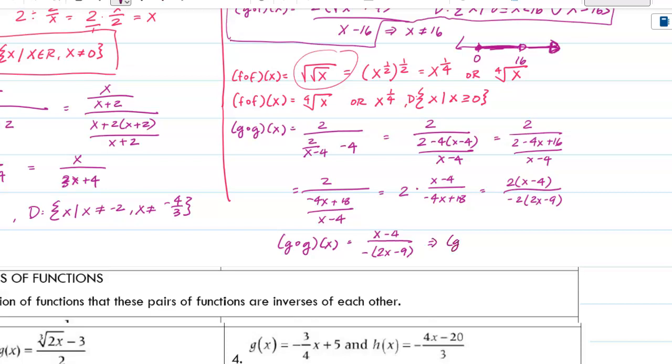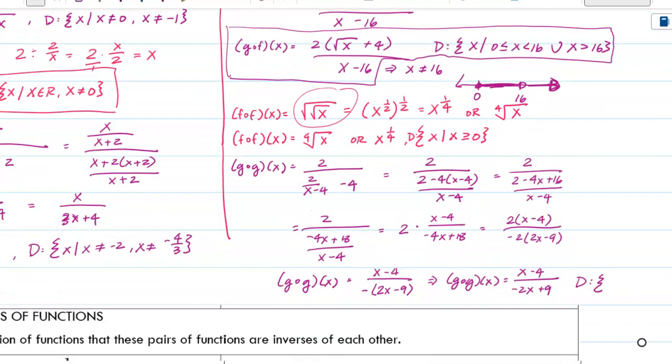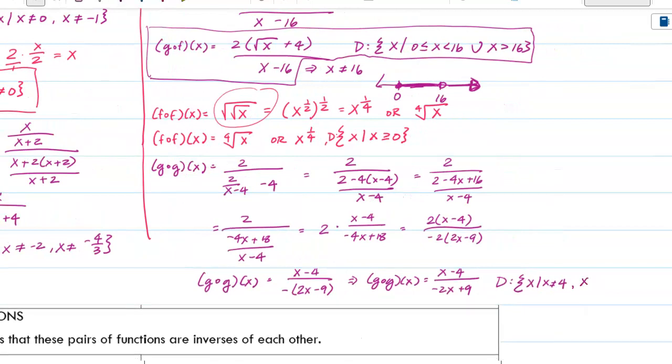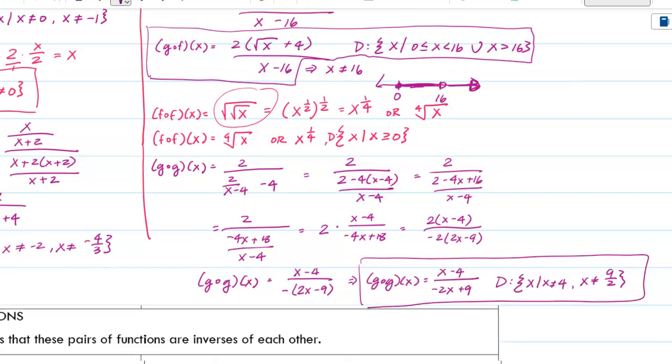This implies that g of x equals x minus 4 over negative 2x plus 9. Let's look at the domain of this function. What was the input function that it could not be? X could not be 4. But now x can also not be 9 over 2. There we go. Good job, guys.